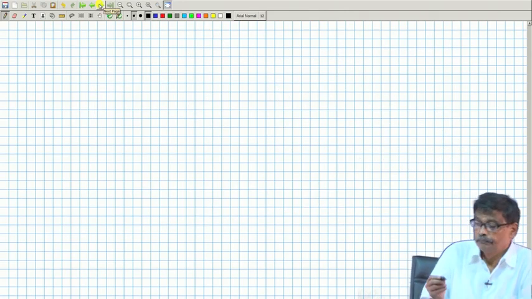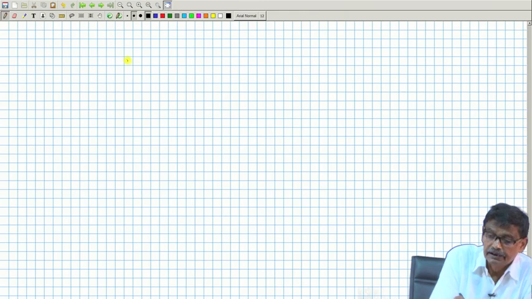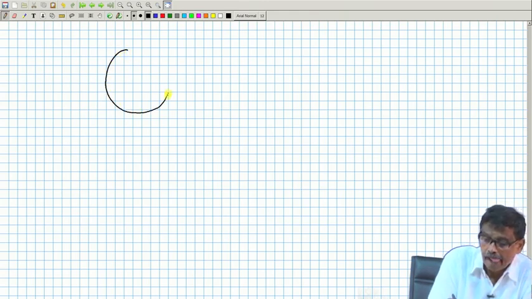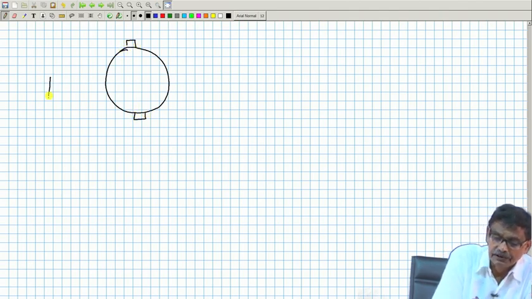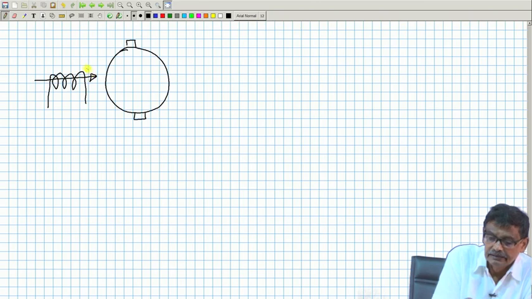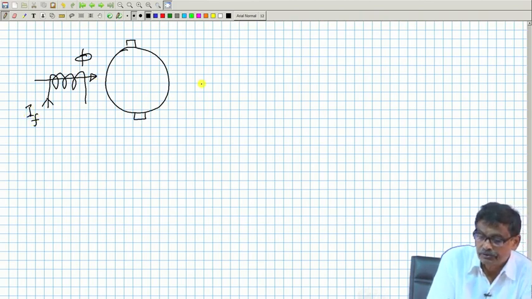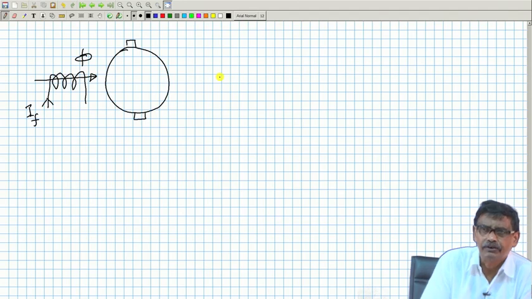So, consider a DC machine. It is the armature terminal. Calculations are simple in case of a DC machine. This is the field winding and this is phi, called the flux per pole. If you pass a current IF, north and south will be created; the other side is generally not shown.